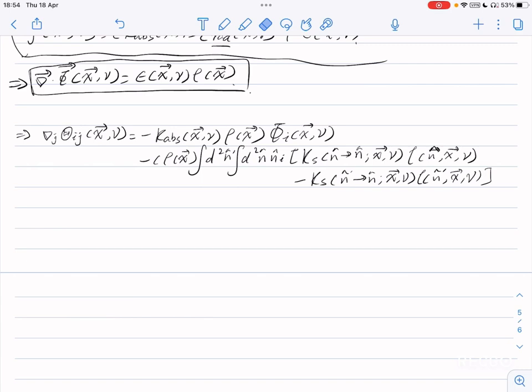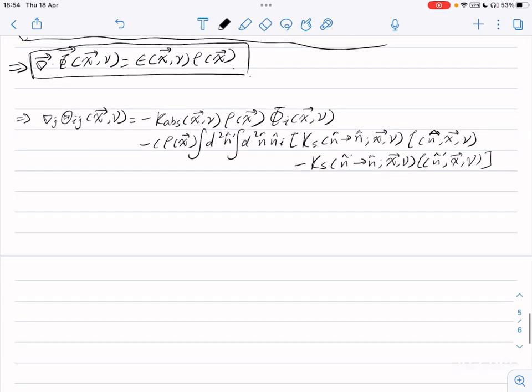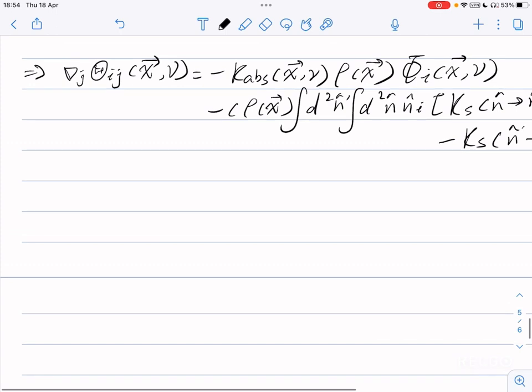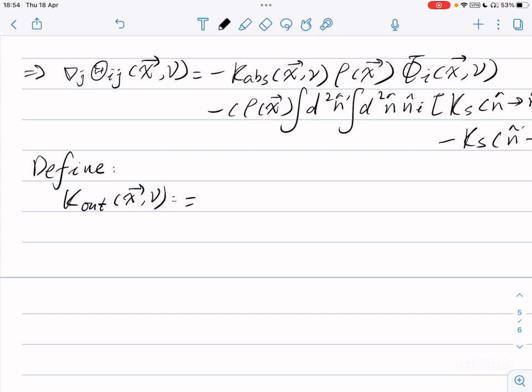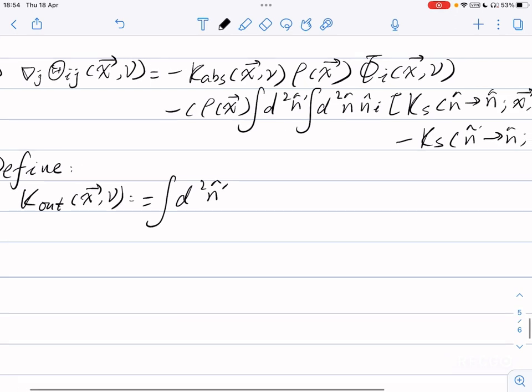Now, how to deal with this one? We define two new quantities. Just a definition. Chi out is the integral of d squared n prime of chi scattering n prime.